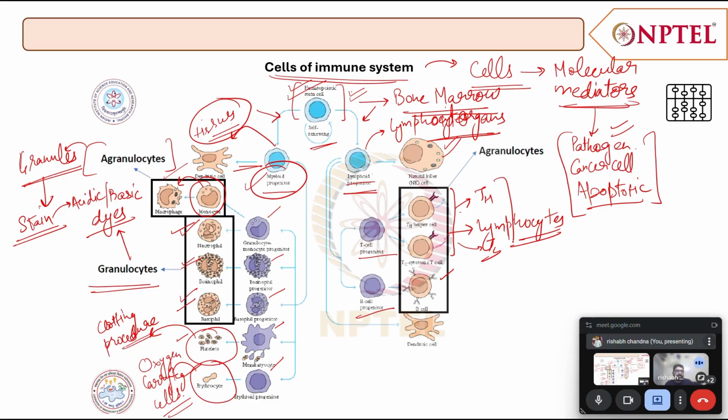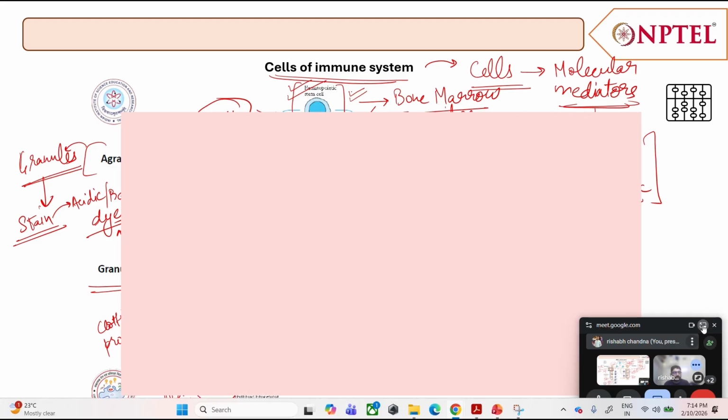These T cells are basically matured in the thymus. That's why their name T. And then we have the B cell progenitor. B cell progenitor gives rise to B cells. These mature in bone marrow in case of humans.